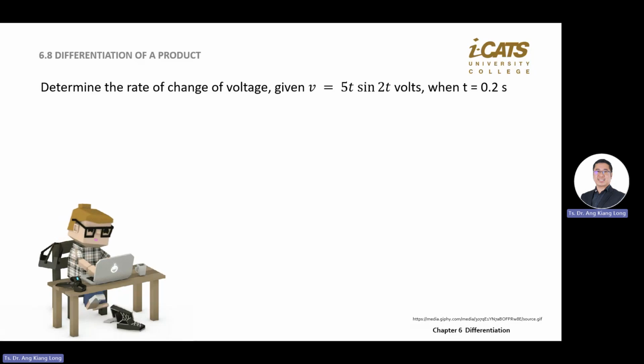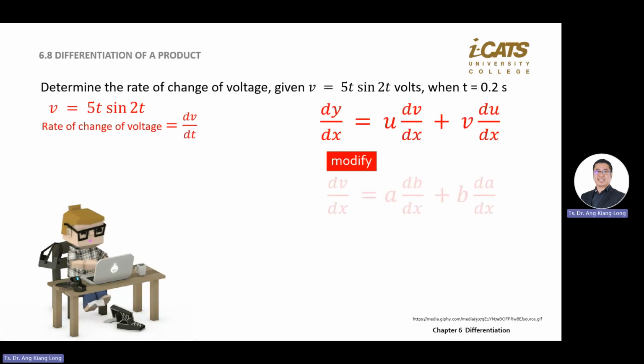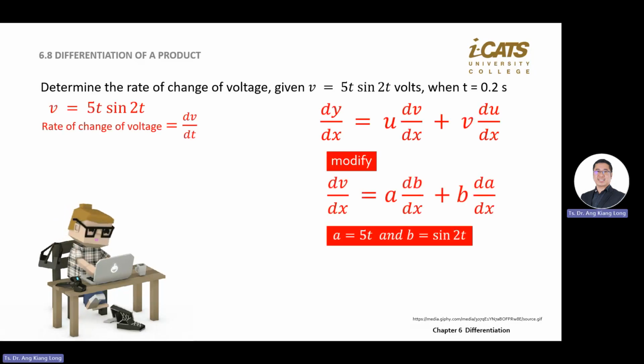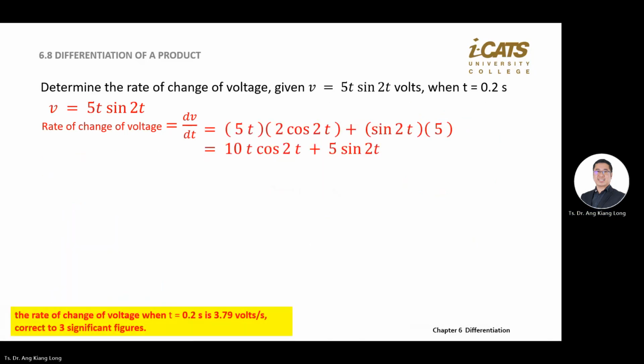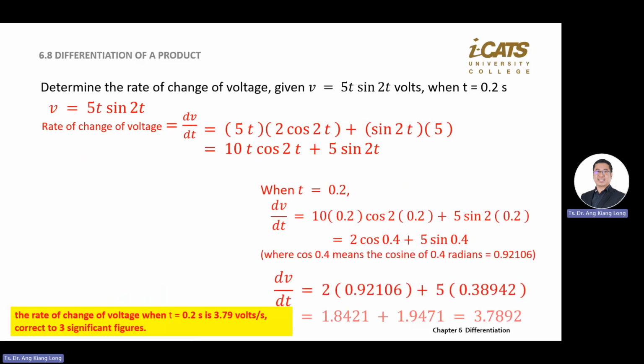So 5t and sine 2t are u and v. It's a multiplication of two equations. Still the same, so you can modify it. Go and have a look.